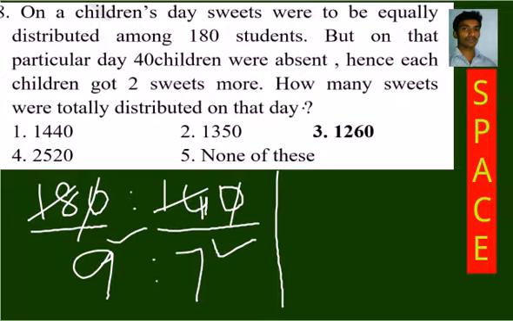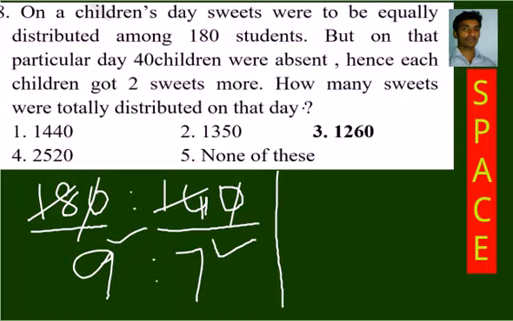If there were fewer people, each one will get more sweets. Means what? Number of students and the number of sweets distributed will be in inverse proportion. Then the ratio of number of students will be the inverse of the number of sweets distributed.